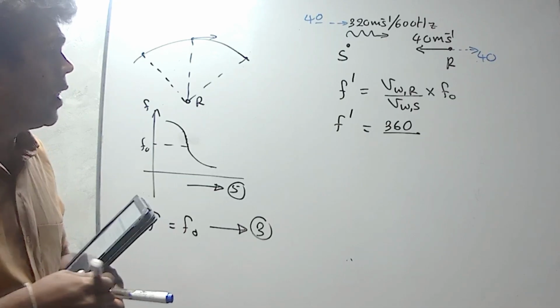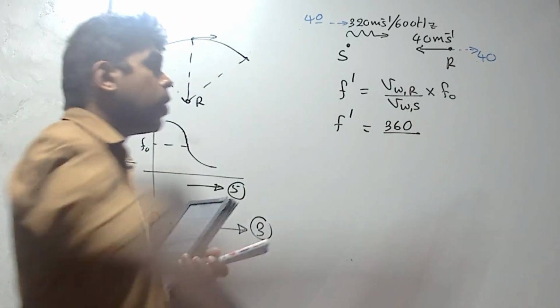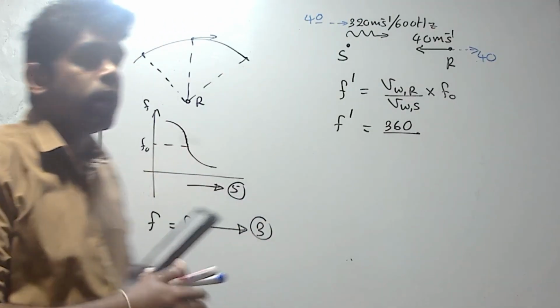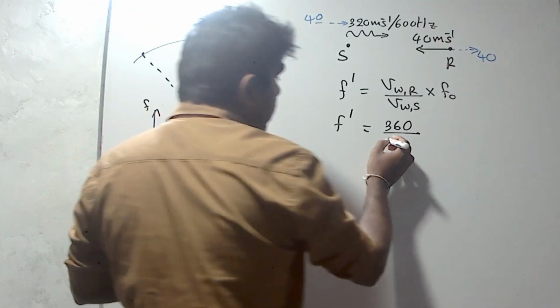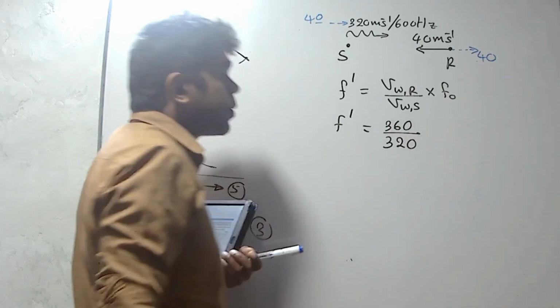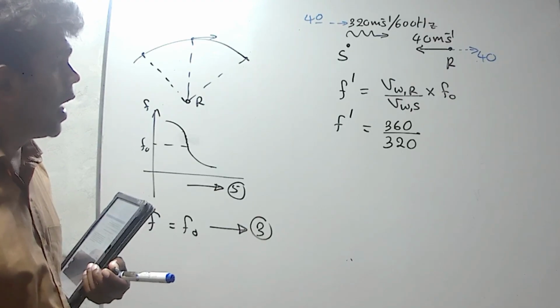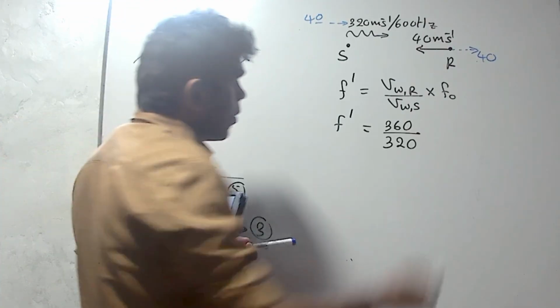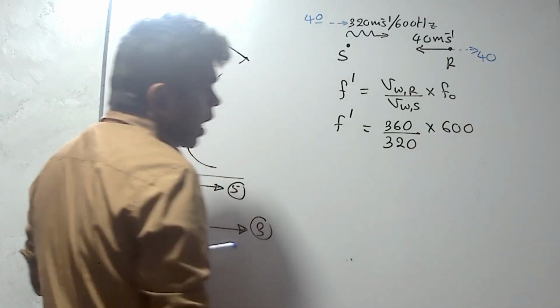Then we have to get the velocity of wave relative to source. The source is at rest, therefore there is no change of velocity. We can observe the real frequency. It means the velocity of wave relative to source is 320. We have to multiply by the actual frequency 600.